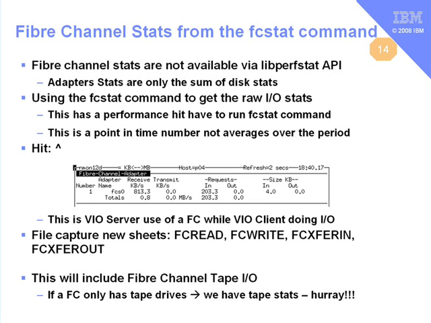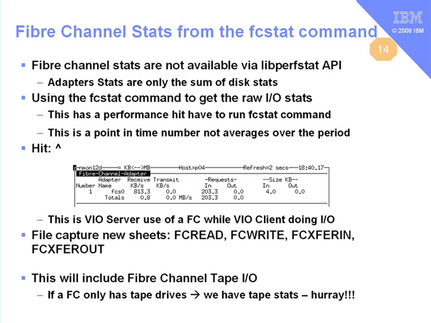Now, one extra bonus with collecting this information is that if you have Fibre channel tape drives connected to your SAN, then we're going to actually find out what your tape drives are up to. And from talking to the administrators that have Fibre channel tape drives, they tend to connect the tape drives to a particular set of dedicated Fibre channel adapters, and then their disks on a different set of adapters.